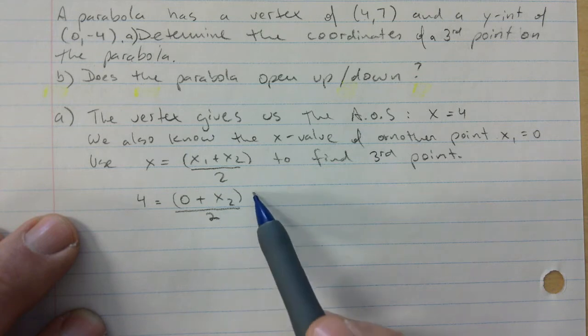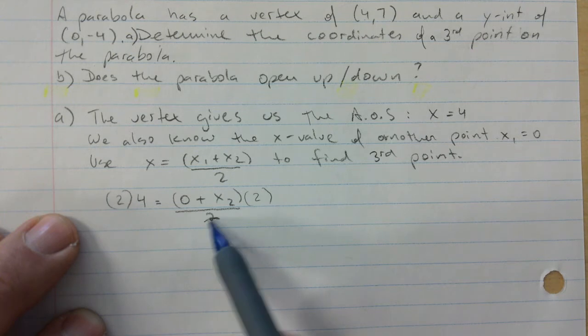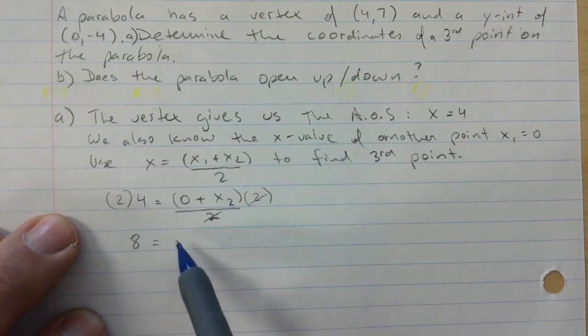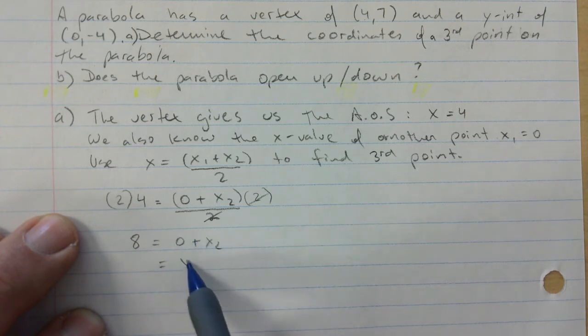I multiply both sides by 2, canceling this here. So you end up with 8 is equal to 0 plus x2, and that is easy, right? x2 is just 8.